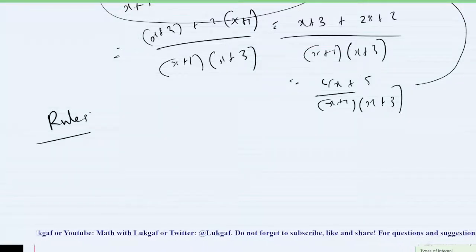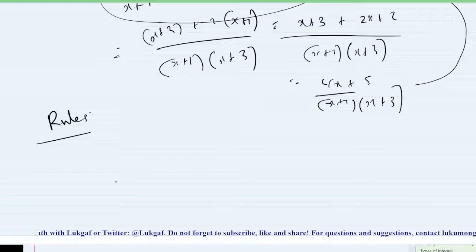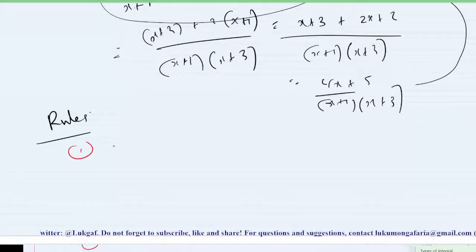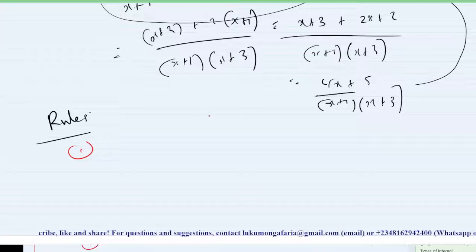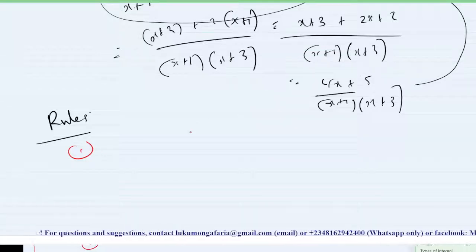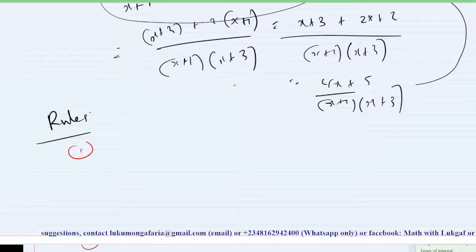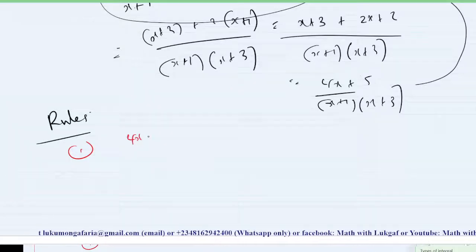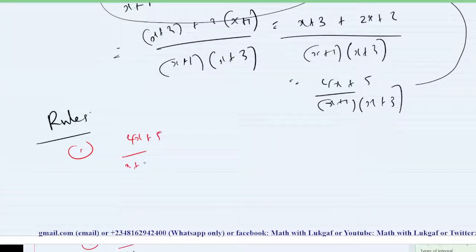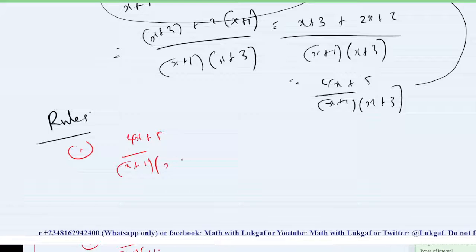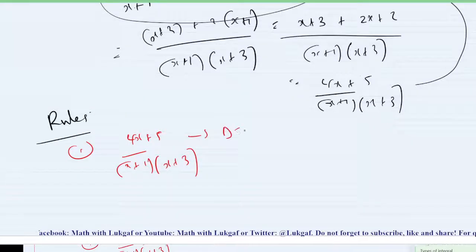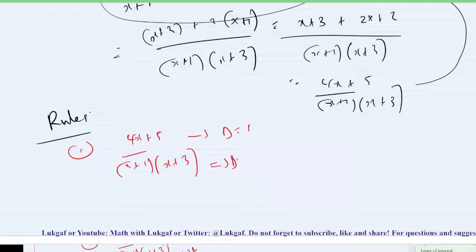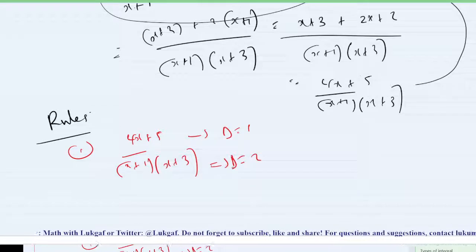The first rule when you are solving partial fraction is that the degree of the numerator must be lower than that of the denominator. For example, for 4x plus 5 here, the numerator is of degree 1, and the denominator is of degree 2.